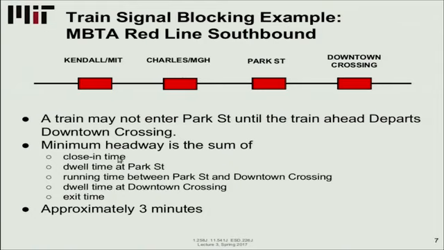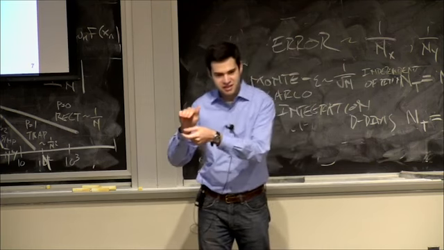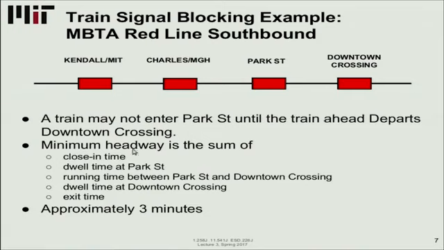So if we look at the time that it takes the train to close in, that is from the beginning, when the head of the train hits the circuit just after Charles MGH, to the time it actually gets to Park Street and opens its doors. Then the dwell time at Park Street, serving passengers, allowing passengers to get off and to board.